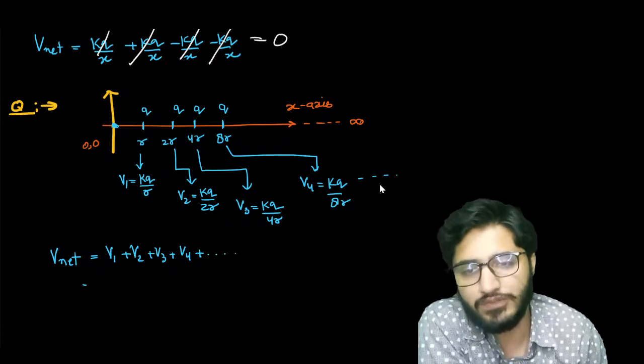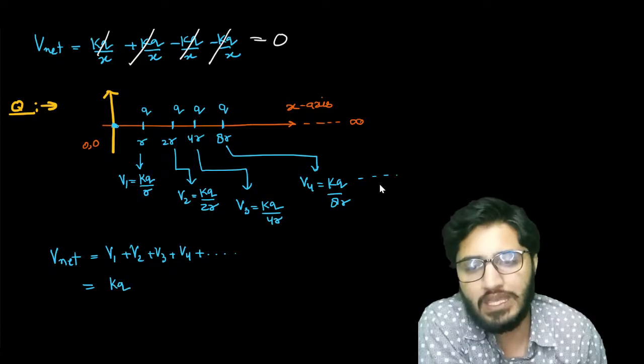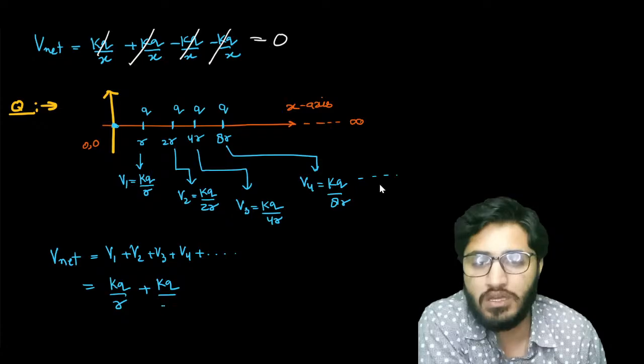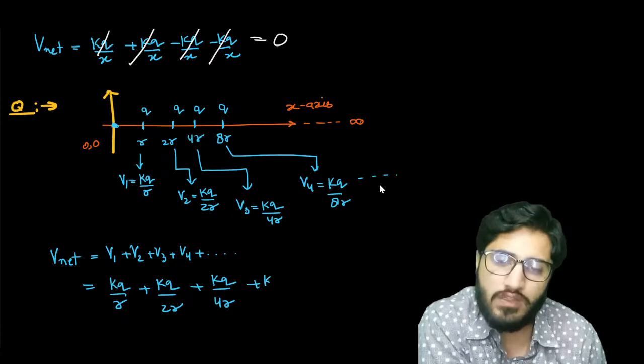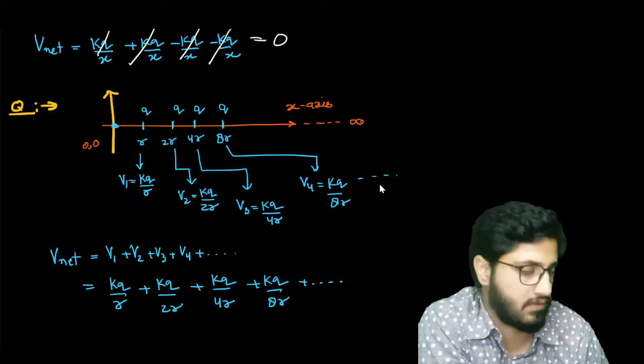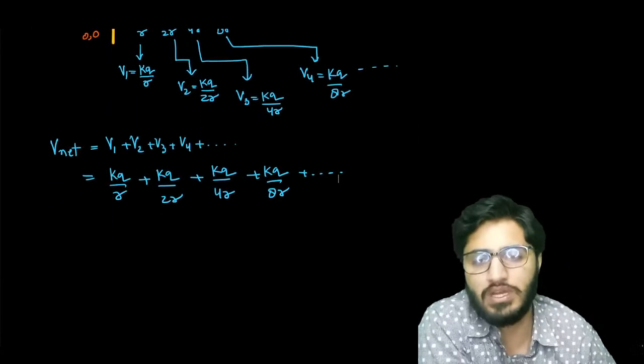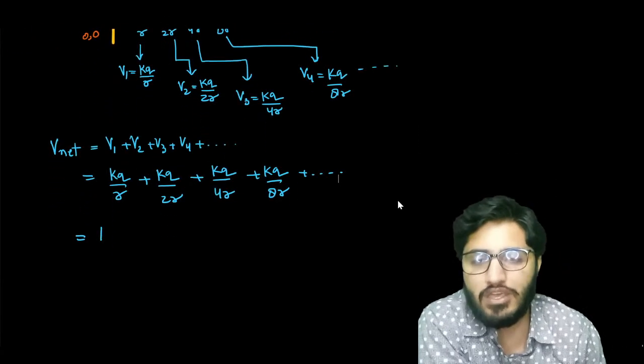Now place the values. V1 equals KQ by R, V2 is KQ by 2R, plus V3 is KQ by 4R, V4 is KQ by 8R, plus so on. Now I can take KQ by R outside as common.